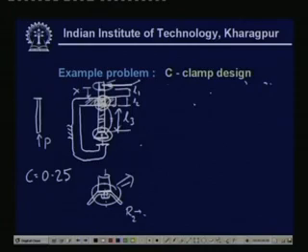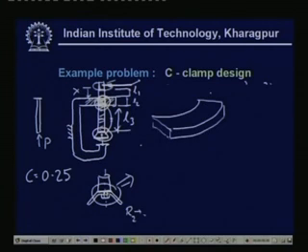Let me draw a part of the thread over here. This is a part of the thread, and it is subjected to the pressure P and the frictional force over here.